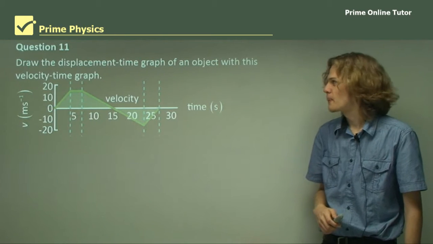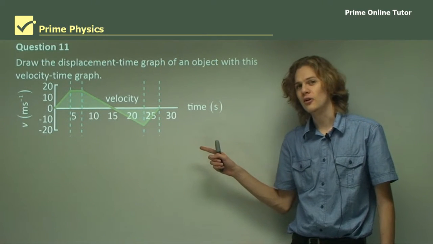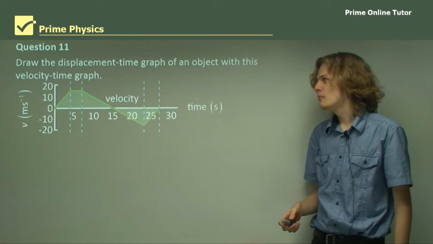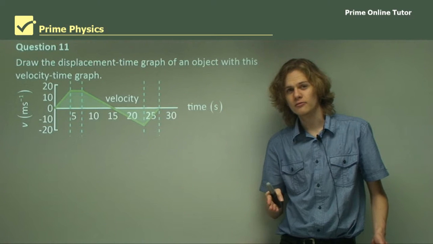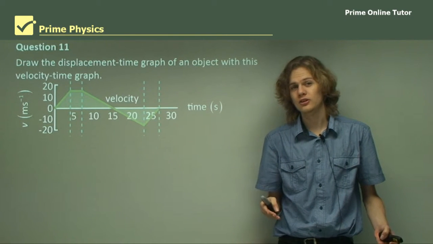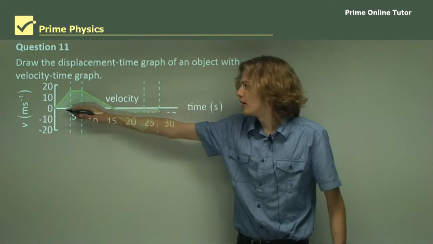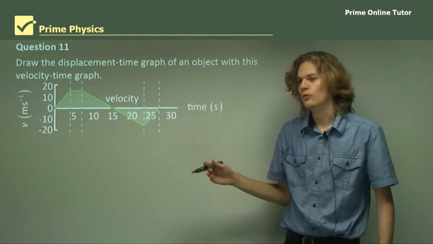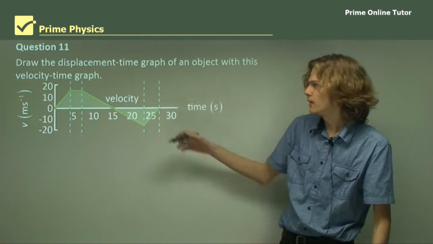Question 11. Draw the displacement time graph of an object with this velocity time graph. Now remember, the velocity of an object is given by the slope of the displacement time graph, and the displacement of an object is given by the area underneath the velocity time graph. So we can see that at this point, the object's speeding up, and so the displacement will be positive.